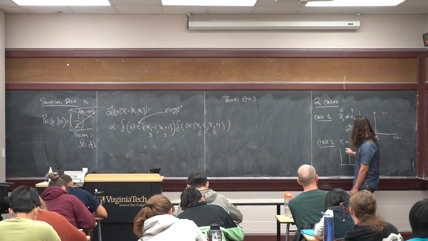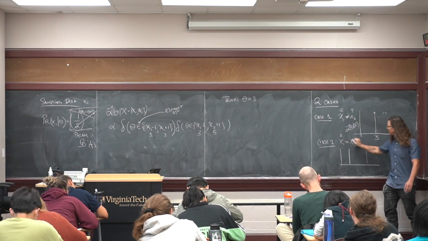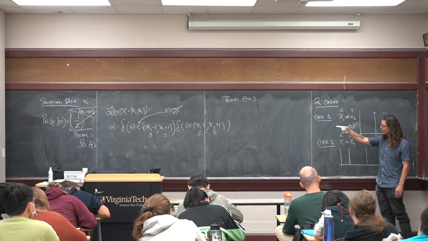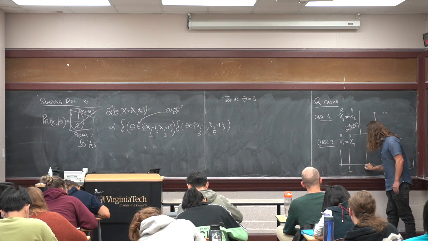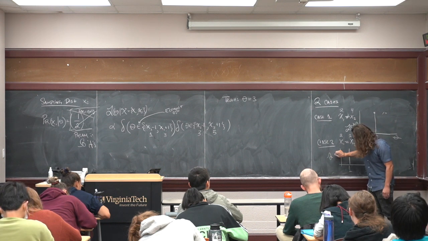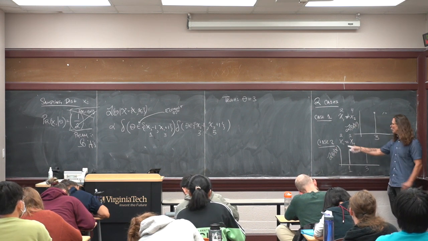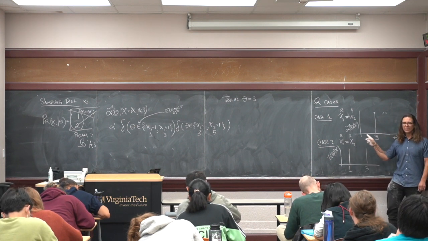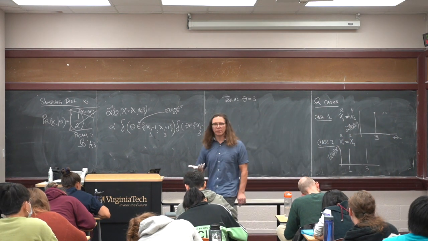Let's say that I ended up seeing that this thing was a 2. So that thing is a 2 as well. If we do the same arguments, the likelihood function is going to peak at 1 or at 3. So in this case, I had x1 equal to x2. I arbitrarily said that it was a 2. It could have been a 2 or a 4, one or the other, with probability 0.5.